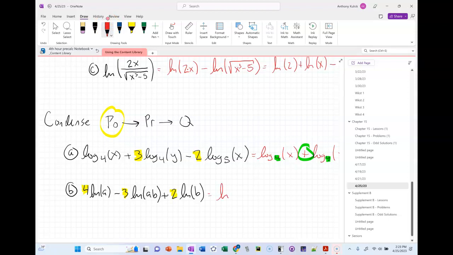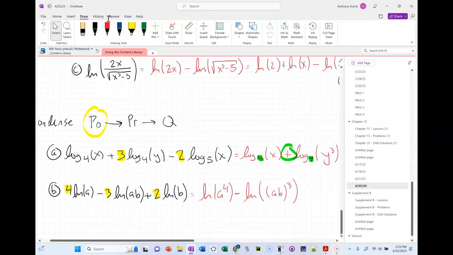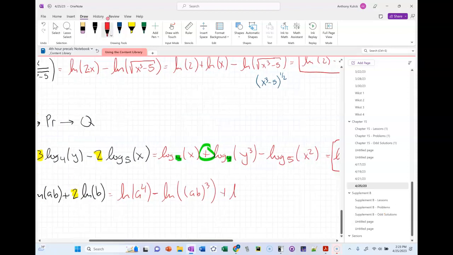So when I apply the power property, that becomes natural log A to the 4th. Now we have to be a little bit careful here on the second one. That's going to become the natural log of the quantity AB to the 3rd. And then the last one becomes natural log of B squared.